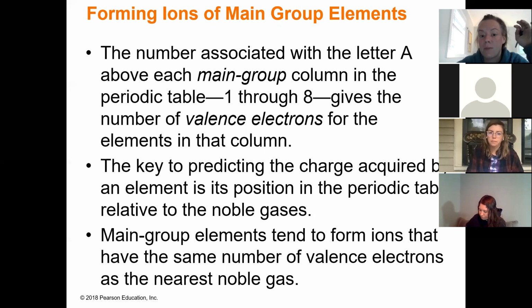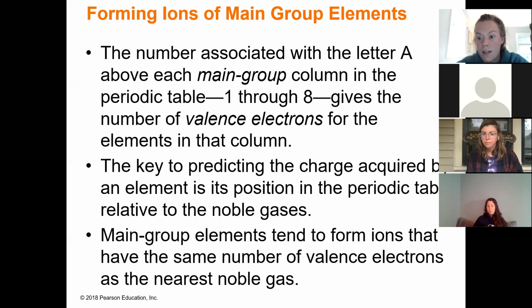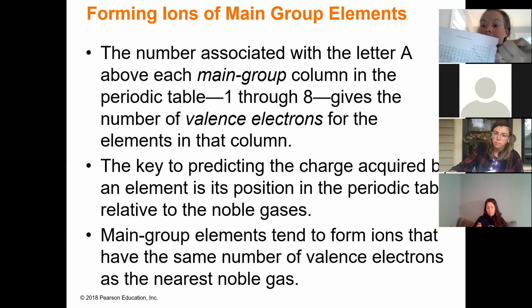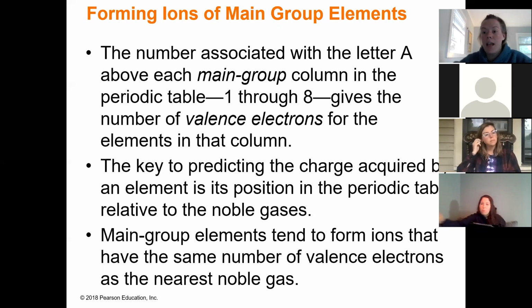They form a predictable charge every time because they have a consistent number of valence electrons. Column 1 has 1 valence electron, column 2 has 2 valence electrons, column 3, which is not the transition metal, skip over to boron, that has 3 valence, 4, 5, 6, 7, all the way to 8 valence electrons. A valence electron is just the electron in the outermost shell.